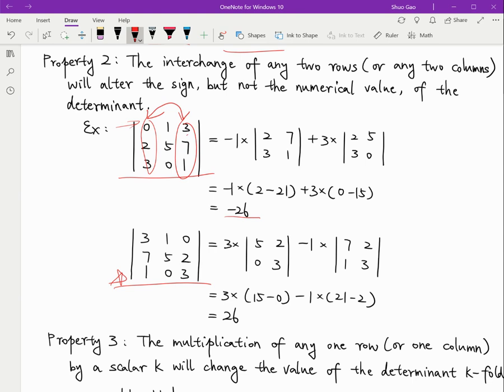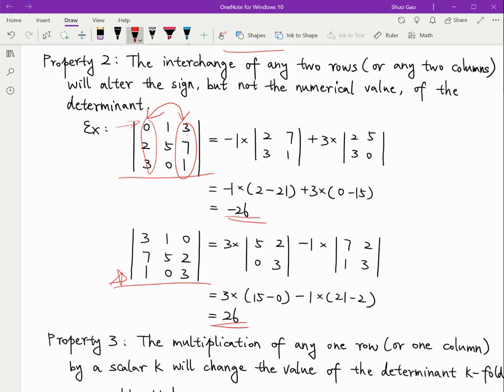If we interchange the two columns, we can use the same method as before to find the determinant, and we find that it has the same numerical value but with a different sign. It should be positive 26, versus the first determinant.